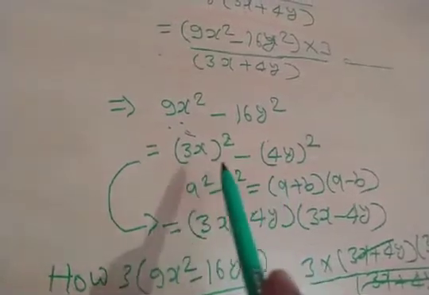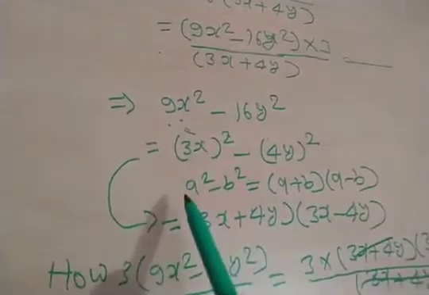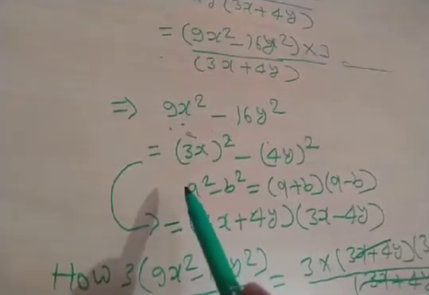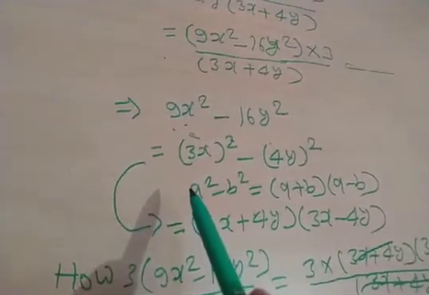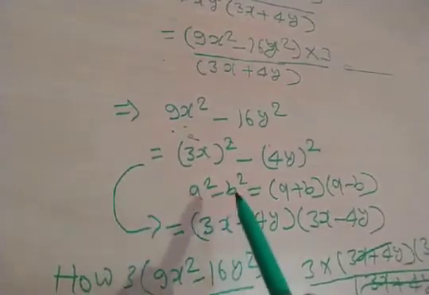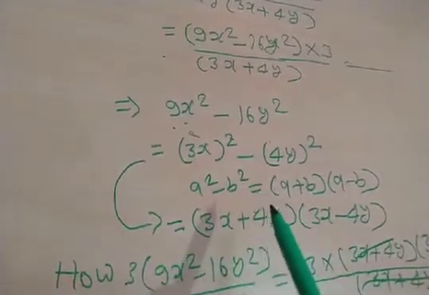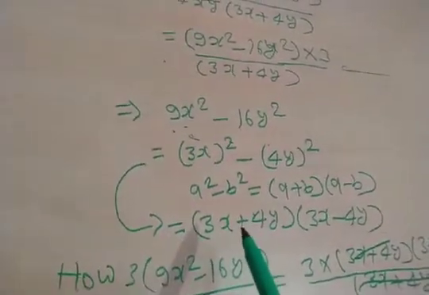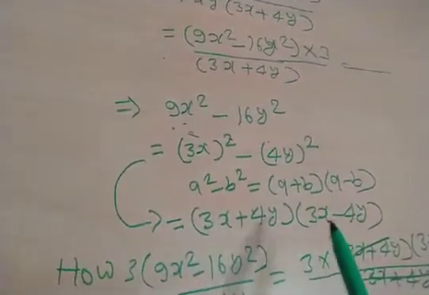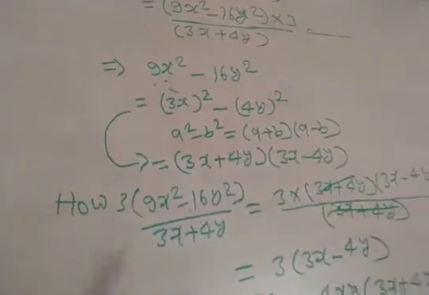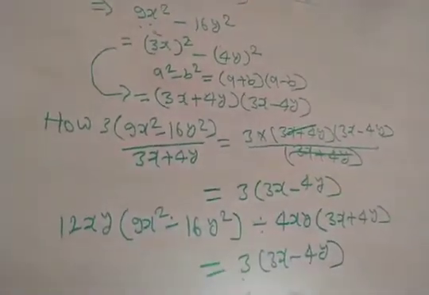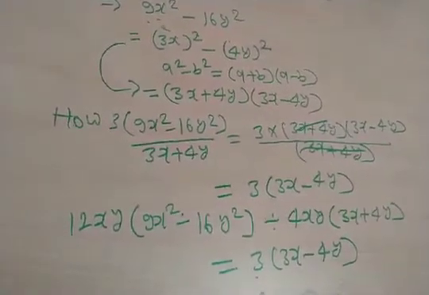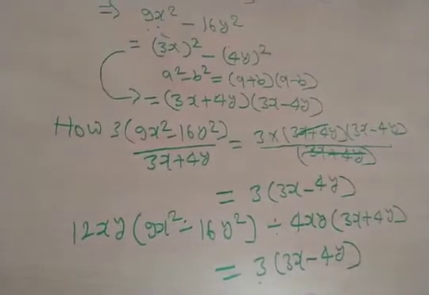Okay, so we compare this identity. This is the third identity of the algebraic expressions and identities chapter. So we obtain a square minus b square is equal to a plus b into a minus b. So for this expression we obtain 3x plus 4y into 3x minus 4y. In this way we cancel and we obtain the solution of the given question: 3 into 3x minus 4y. Let's see the next part of this question.